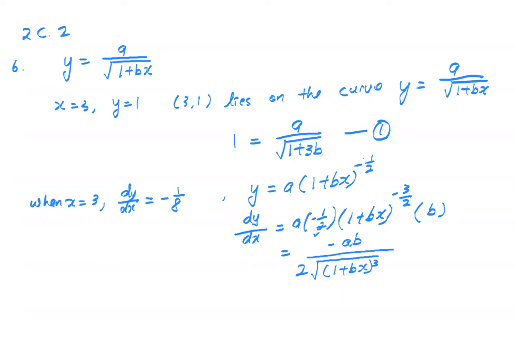So now, you can substitute these two values into the equation. So negative 1 over 8 is equal to negative AB over 2 times square root of 1 plus 3b.